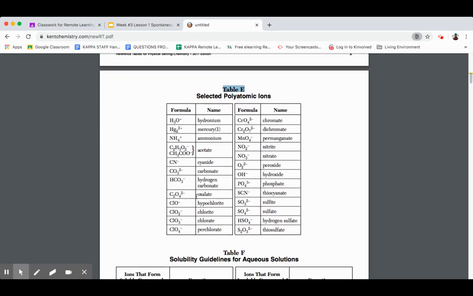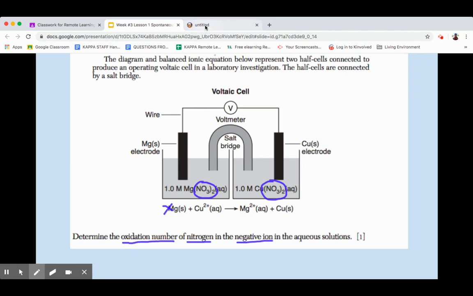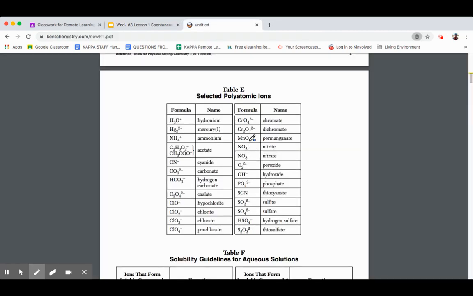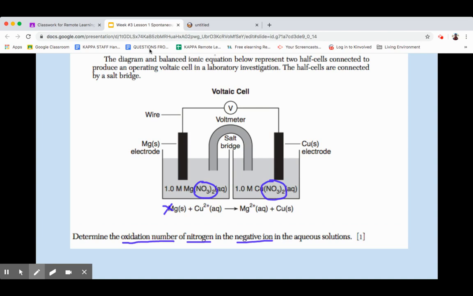Here we go. We're looking at a polyatomic ion, right? So we are looking at NO3, NO3 2. So we're looking at nitrate. So NO3 with a -1. And this 2 on the outside of the parentheses means that there's 2 of them. But we just want to know, what is the oxidation state of this nitrogen when it's in this negative ion?